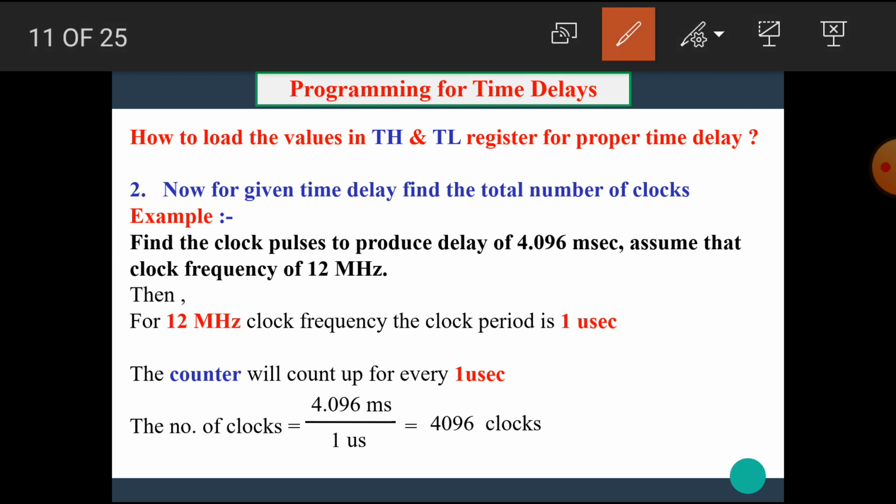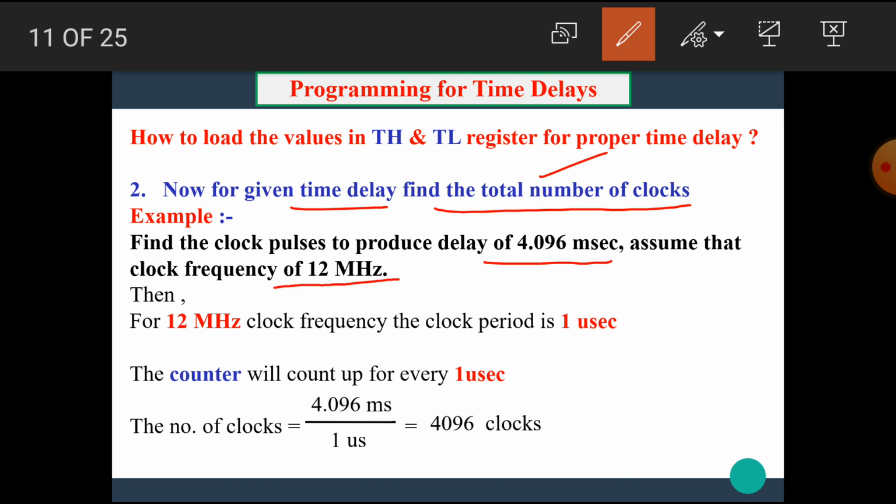Then after finding the clock period, the next step is, for the given time delay, find the total number of clocks. For example, find the clock pulses to produce delay of 4.096 millisecond. Assume that the clock frequency is 12 megahertz.